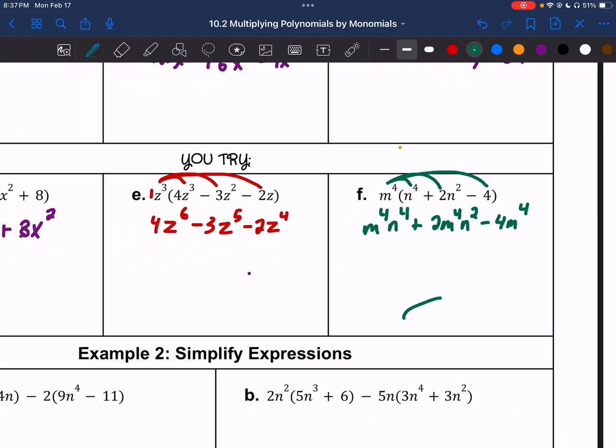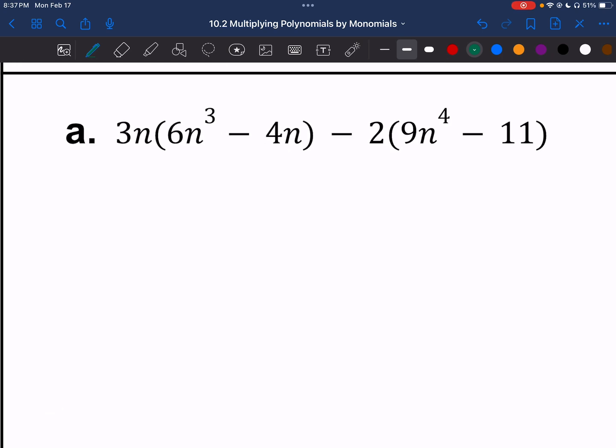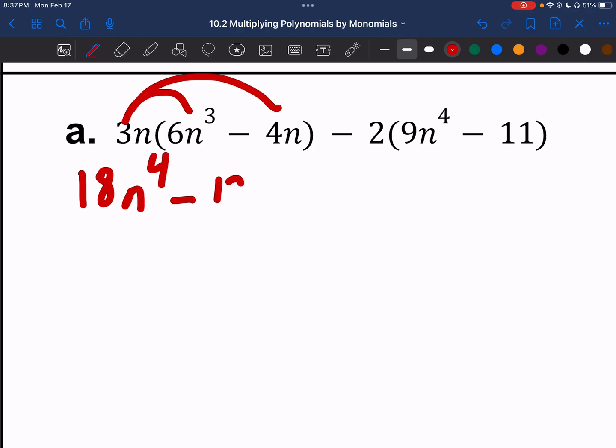So example 2 here, we are simplifying expressions, and really all this means is that we are going to be doing this more than once and then combining like terms. So letter A, we have 3n times 6n cubed, so we get 18n to the fourth minus 12n squared. I'm going to do it in a separate color.